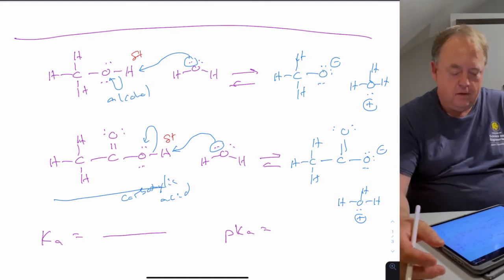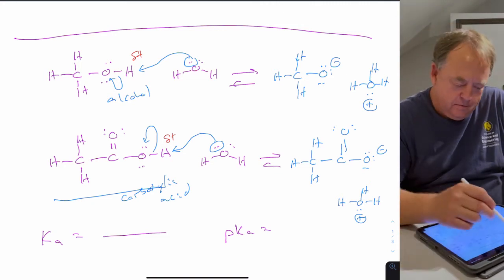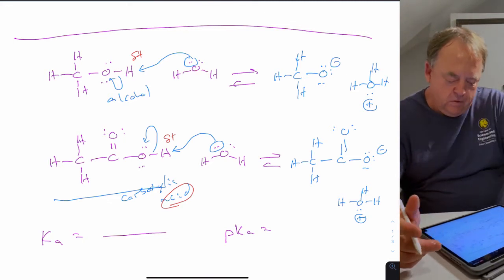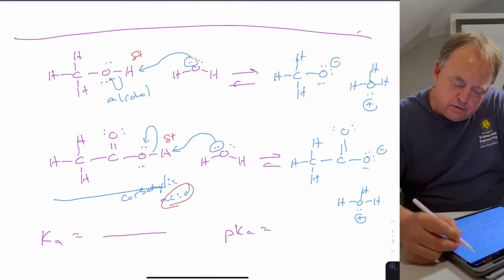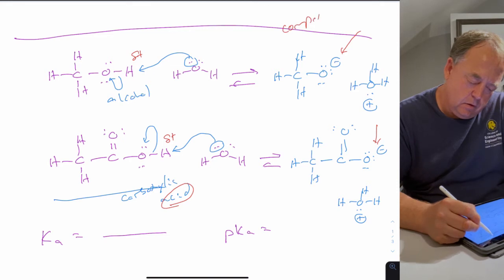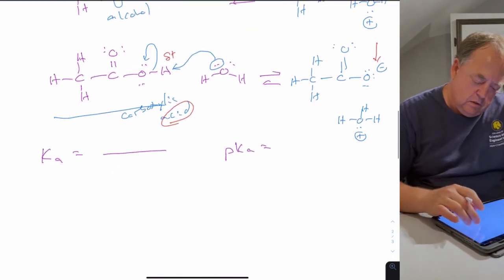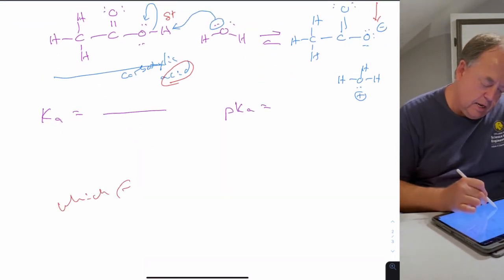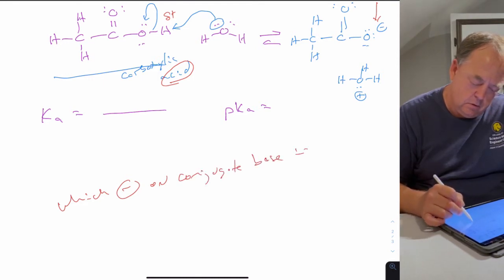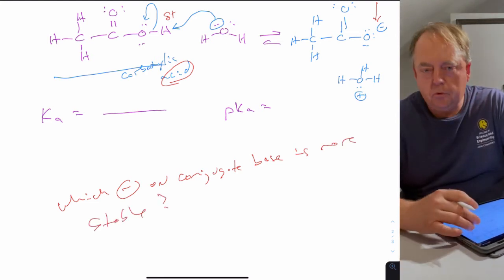Okay, so which is more acidic, the alcohol or the carboxylic acid? You can kind of figure that out just from the name, right? This is an acid, so it's going to be fairly acidic. But why is this more acidic? One way to think about this is to compare the conjugate bases. Which negative charge on the conjugate base is more stable?